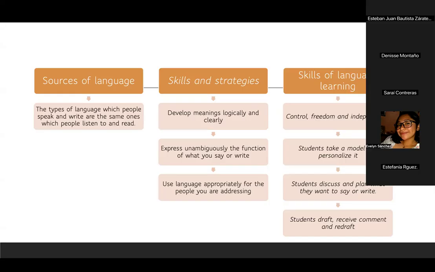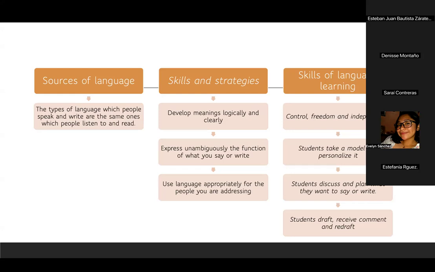That's the purpose when you are teaching skills and strategies. And also that students are able to use the language appropriately for the people they are addressing.